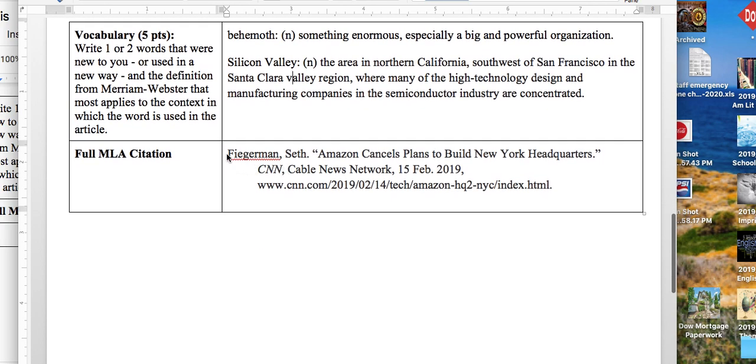Your full MLA citation, again, you can check this on Purdue OWL. You can use one of the citation tools for your full MLA citation. You can use Citation Machine or EasyBib. I always go with Citation Machine. I find it easier.